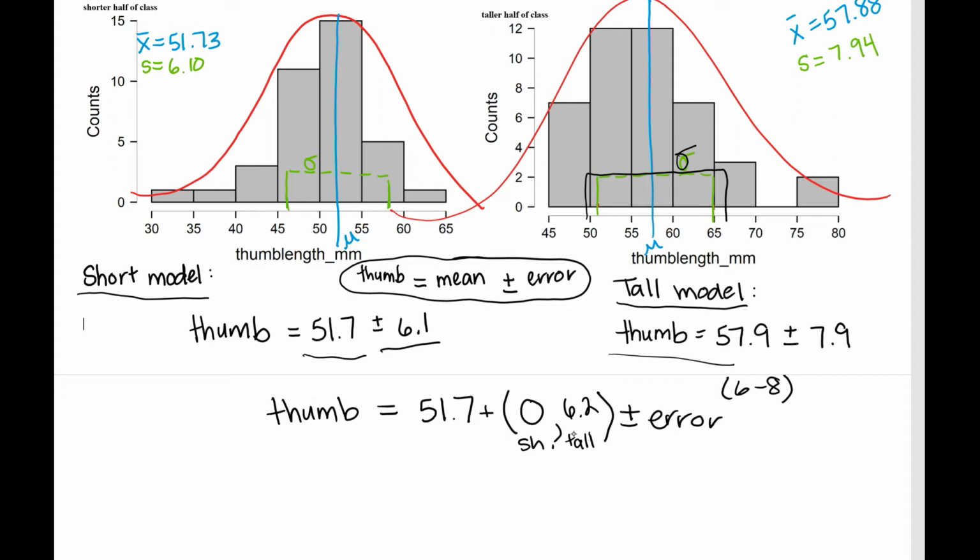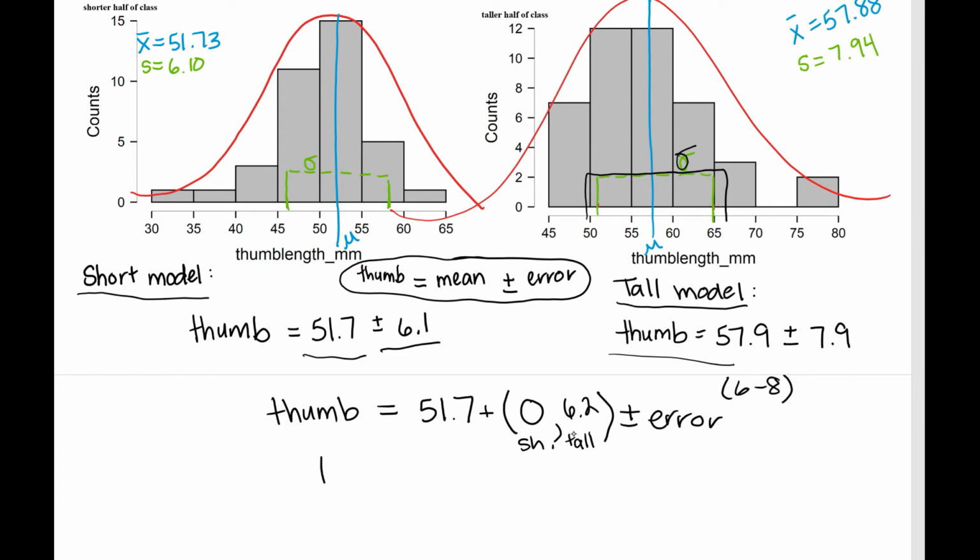If somebody new comes into the class and we want to guess their thumb, this is a good starting place if they're short. But if they're in the taller half of the class, if we know that one piece of information, whether they're short or tall, then we can adjust our guess by about 6.2 to account for that difference. So I'm going to make a little shorthand here.